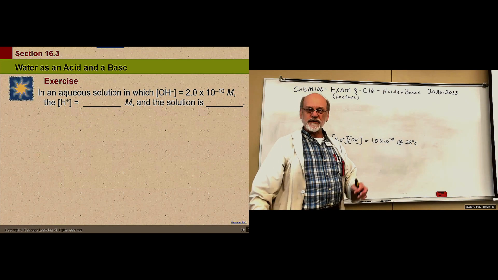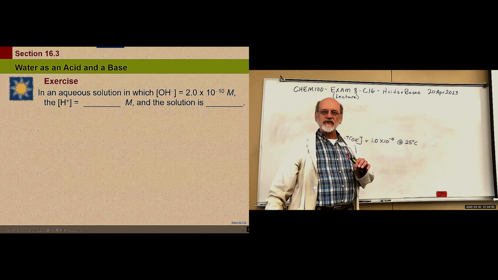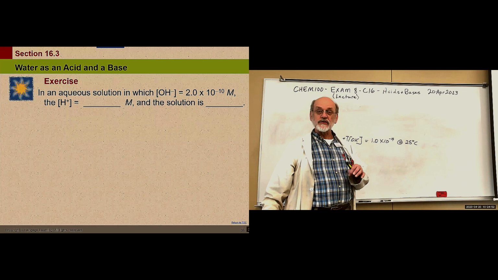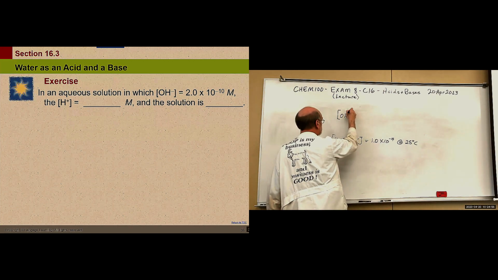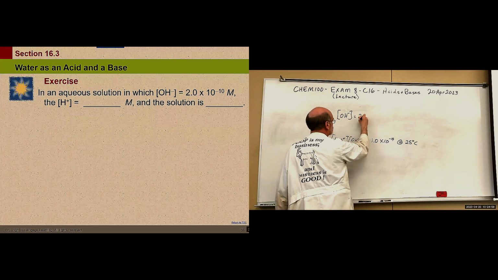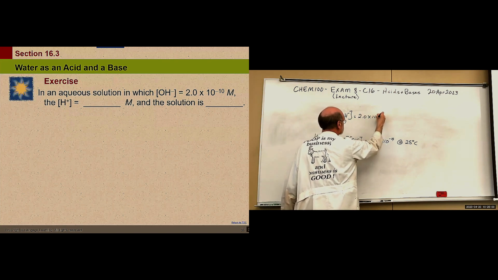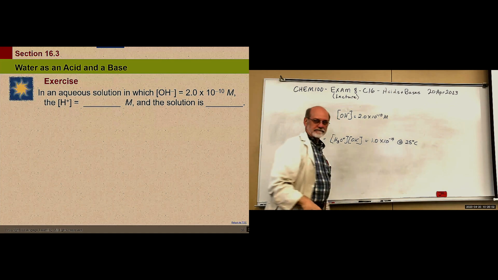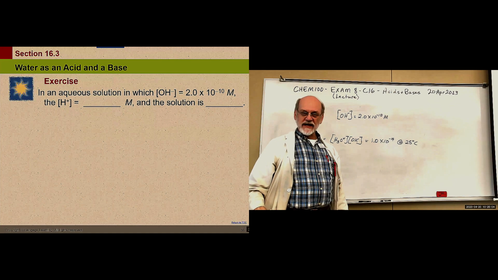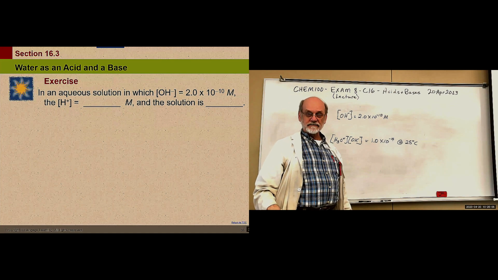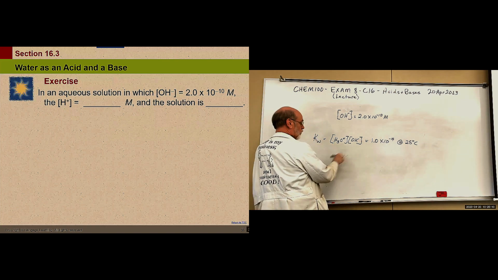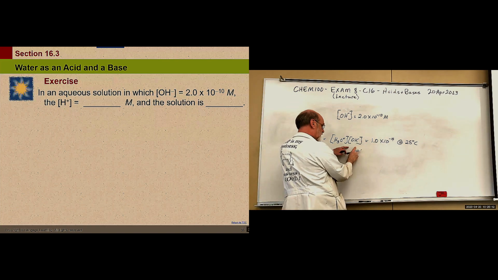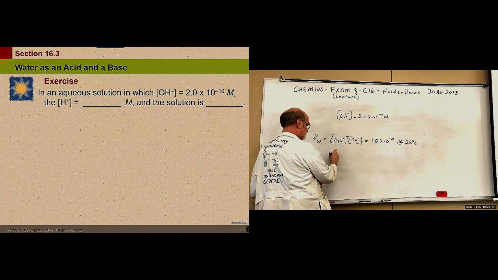In an aqueous solution in which hydroxyl ion concentration is 2 times 10 to the minus 10 molar, the hydrogen ion concentration is how much? Well, we know this and we know this. We can solve for that.